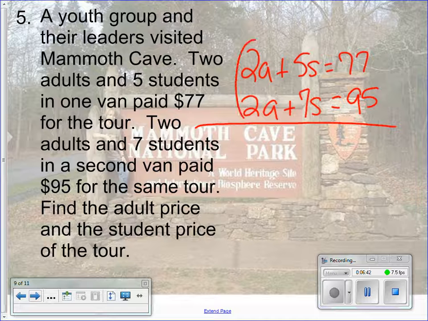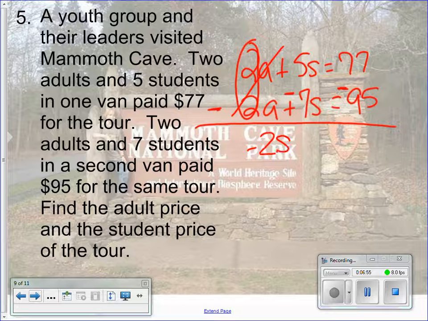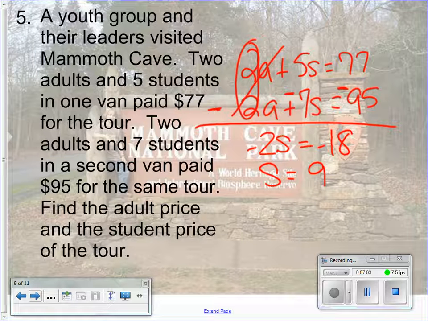My coefficients are the 2's, but they're the same sign, so I'm going to have to subtract, which means I have to subtract all the way across. So these are 0 out, and that gets me negative 2s equals negative 18, which means s is equal to 9. So the student price is 9.